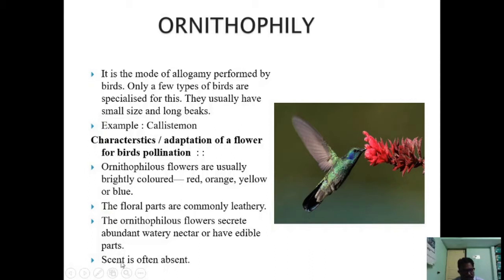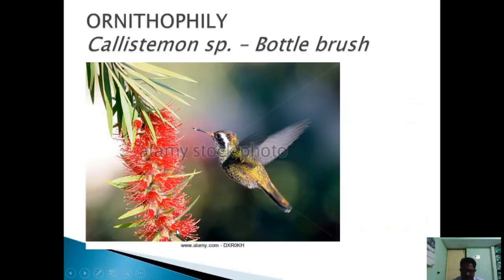There is no odor or scent is absent, as like in entomophilous flowers they have odor. Pisaris lochia and Sarapugia, or even Rafflesia, which has a rotten meat-like smell, which attracts even rats. I told you. But here in ornithophilous flowers, they lack these scents.